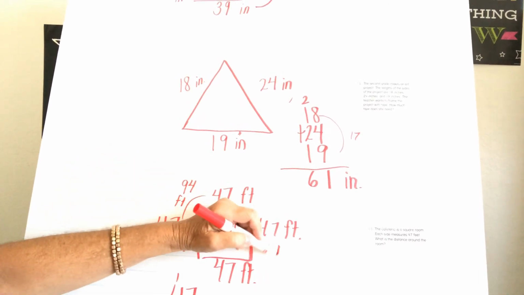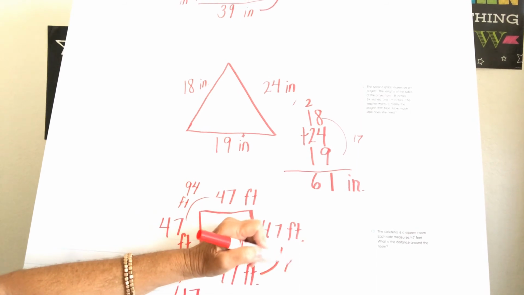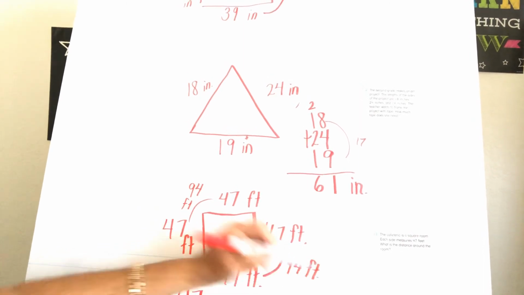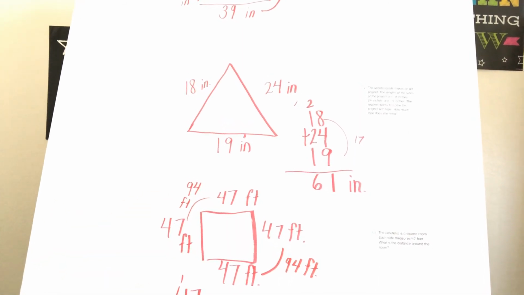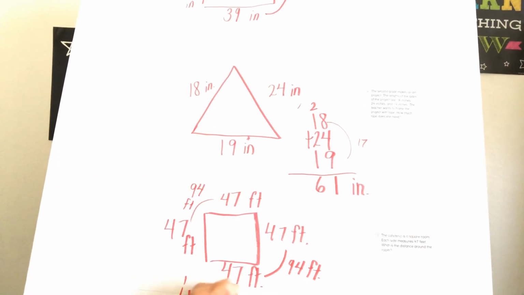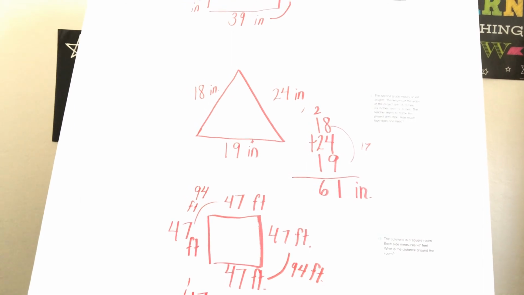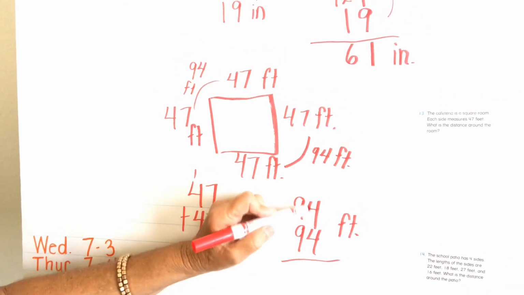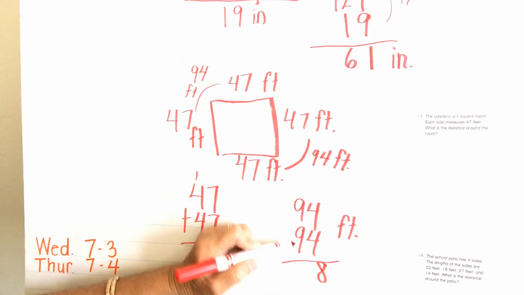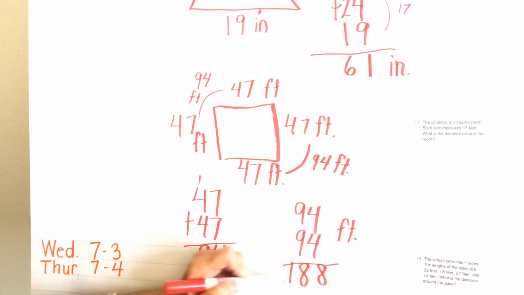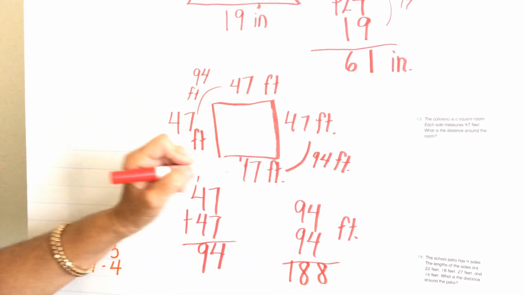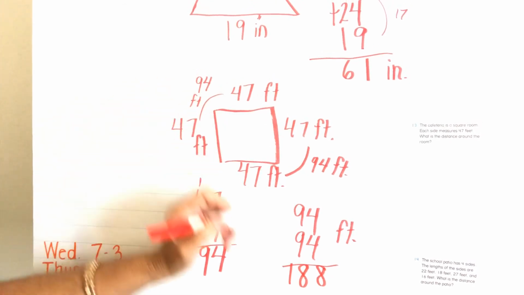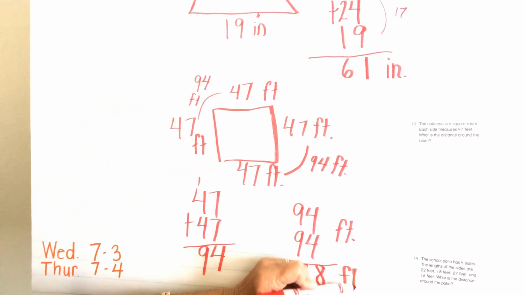And since it's a square, the other 2 sides are going to be 94 feet. So I'm going to now add 94 feet and 94 feet. And I am coming up with 4 plus 4 is 8, 9 plus 9 is 18. And my answer would be the distance around the cafeteria is 188 feet.